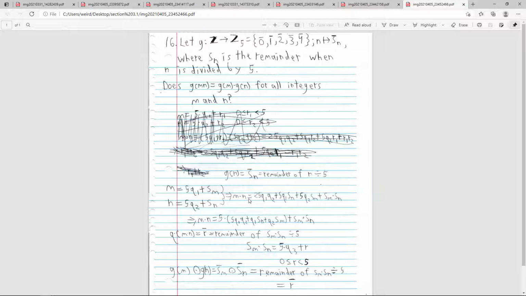So that means that m times n is equal to, from here, you divide out a 5, you get the whole expression, plus Sm times Sn. Then that means the quotient here. But yeah, Sm times Sn is equal to 5q3 plus r, we get from all this.